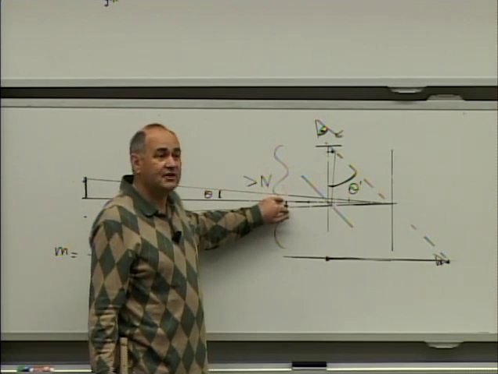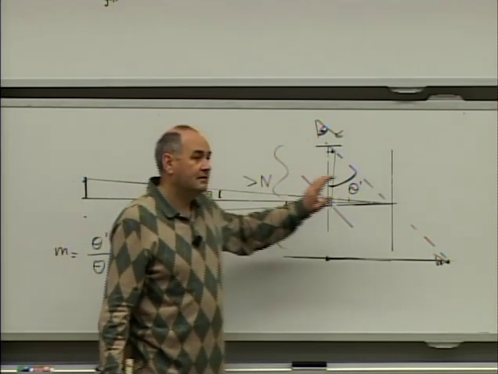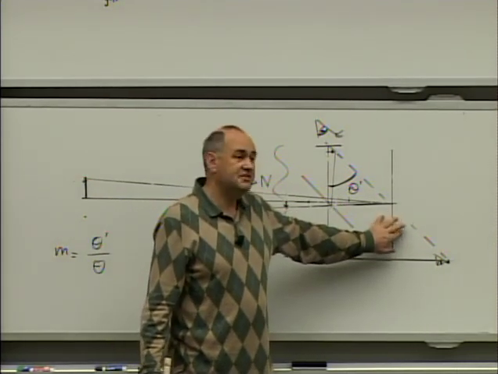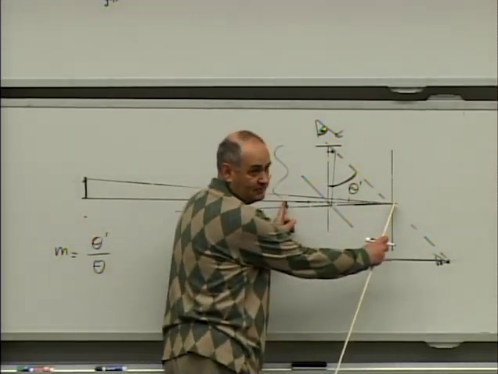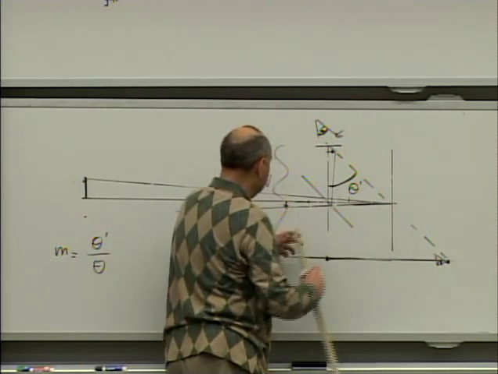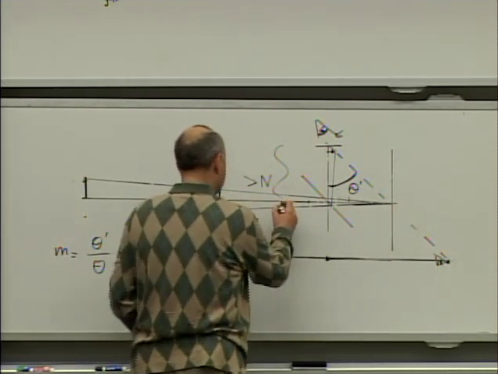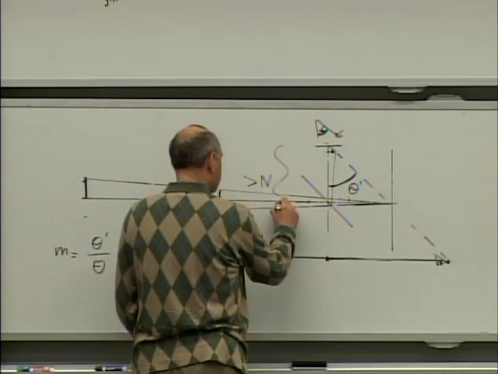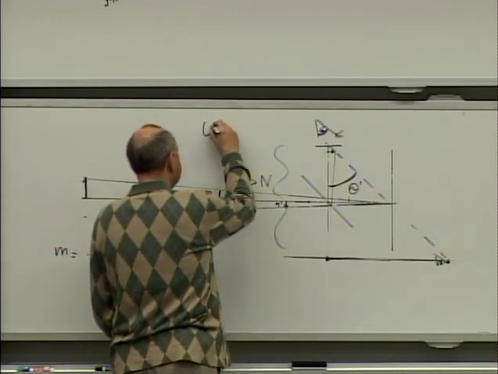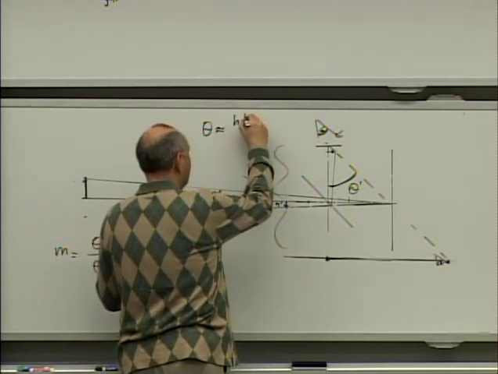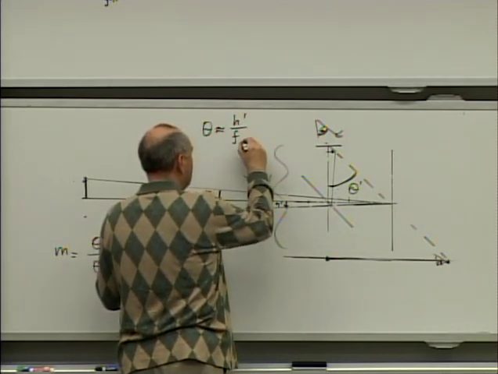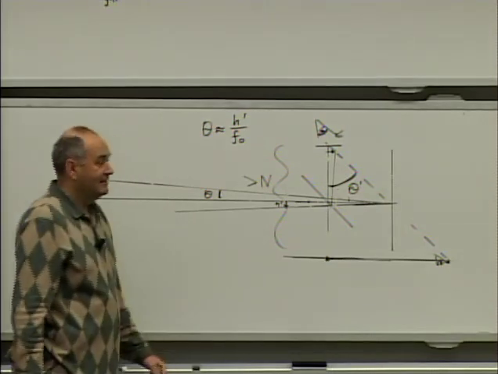At the focal point of this mirror, right? So this distance is approximately equal to the focal length, right? So here, if this is, let's say, h prime, then theta is going to be h prime over focal length of the objective.